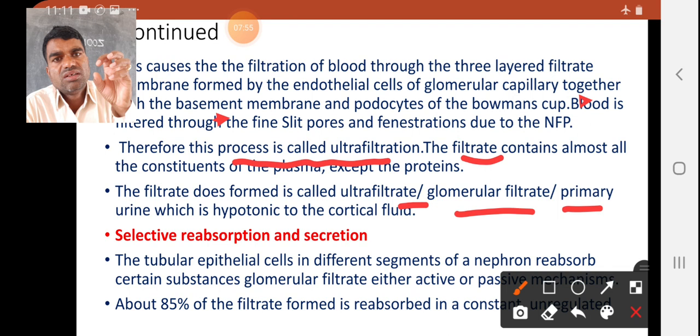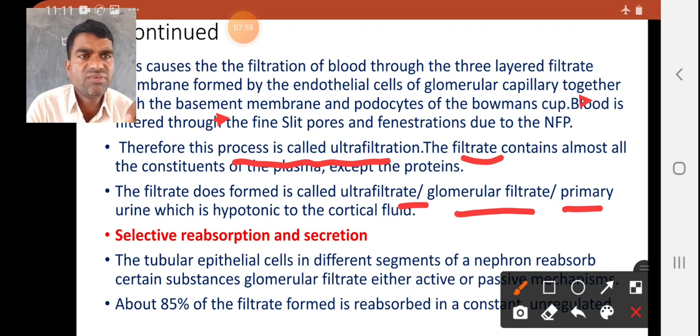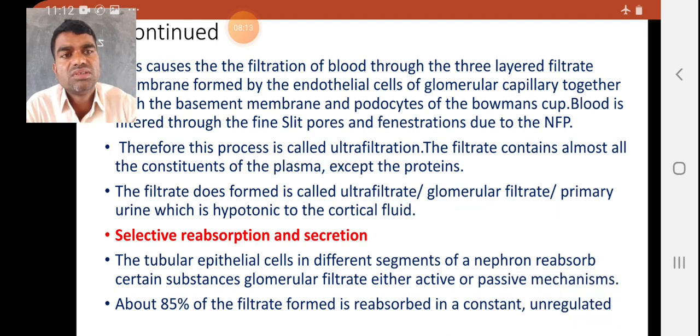The tubular epithelial cells in different segments of a nephron reabsorb certain substances. Glomerular filtration is either an active or passive process. About 85% of the filtrate formed is reabsorbed in a constant, unregulated manner in the PCT region.